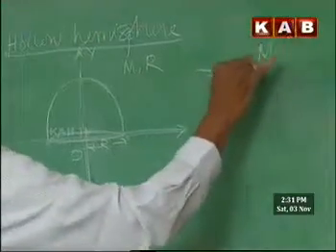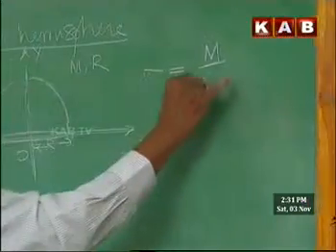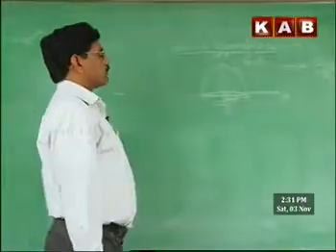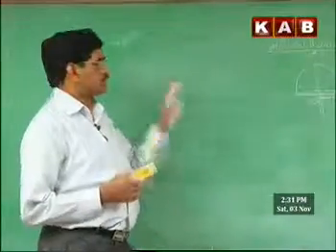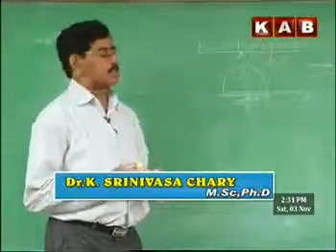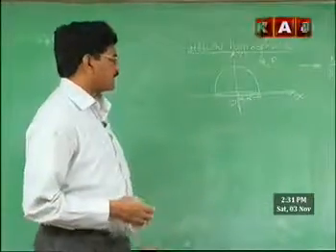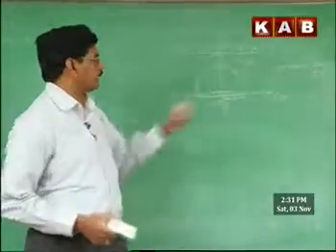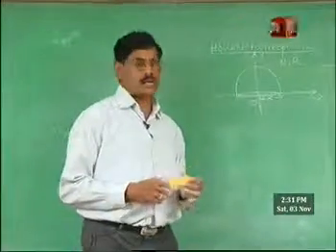Mass of the hemisphere divided by surface area. Surface area is 2 pi R square, because a complete sphere's surface area is 4 pi R square, but for a hemisphere it is 2 pi R square. Therefore, mass of the hemisphere divided by its surface area gives you the areal density.